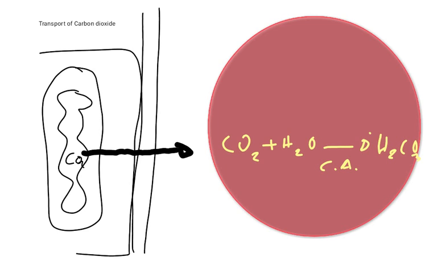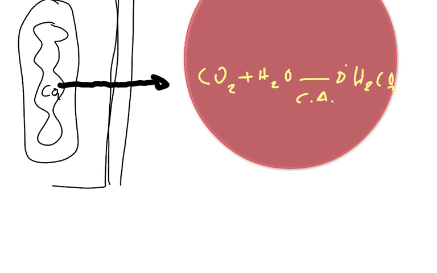And then that dissociates into hydrogen carbonate ions, HCO3 minus, and into hydrogen ions.